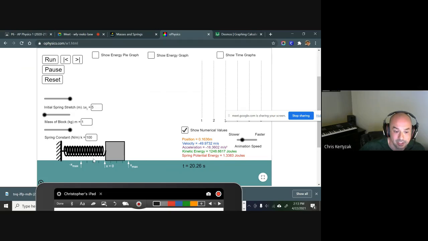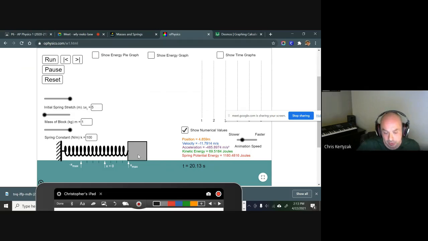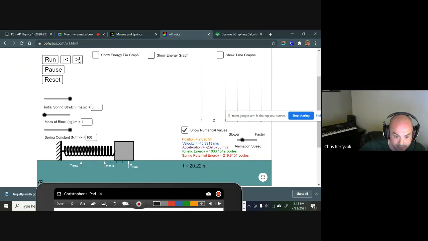The total mechanical energy is fully kinetic in this position, while it's fully potential energy at the end. In the middle, the total mechanical energy is just kinetic, zero potential.